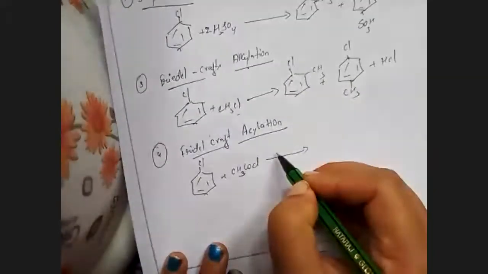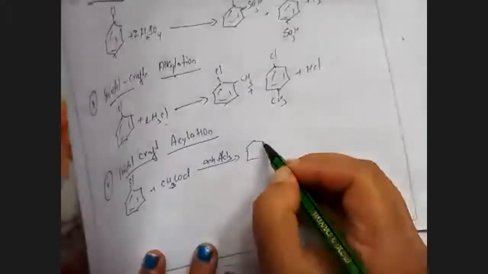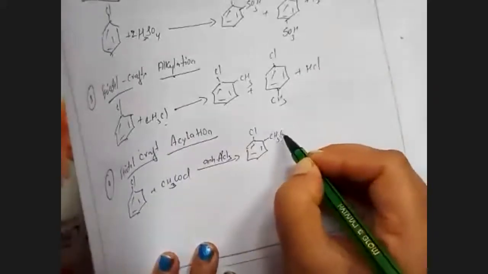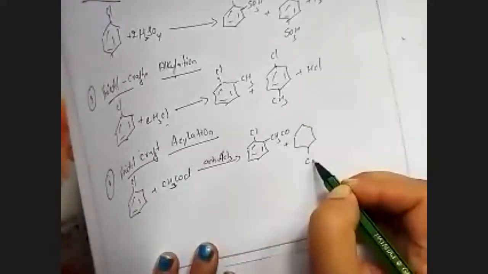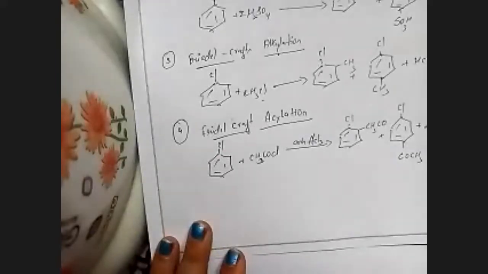In the presence of anhydrous aluminum chloride, you will get the product like this, plus HCl. This is acylation.